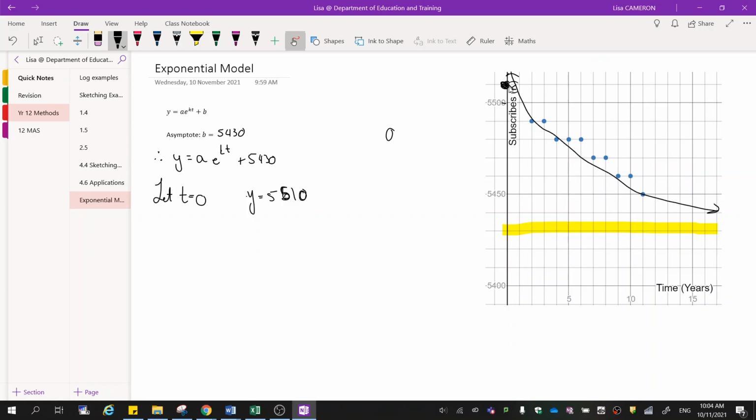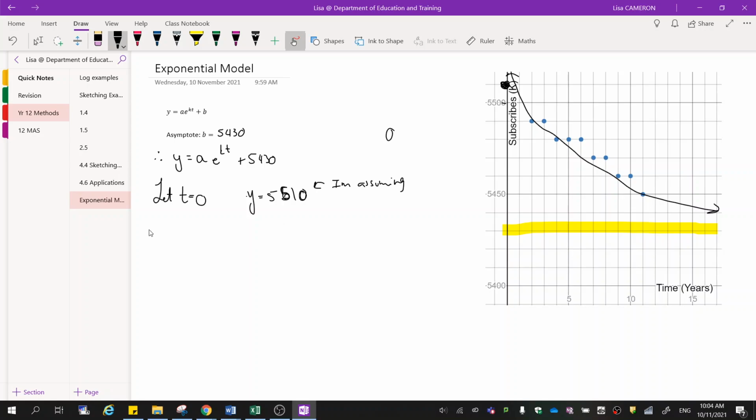So that's the intercept. Now that's another assumption. Most of you will have a value for when t is equal to 0, but because mine didn't match initially, I have to assume it.